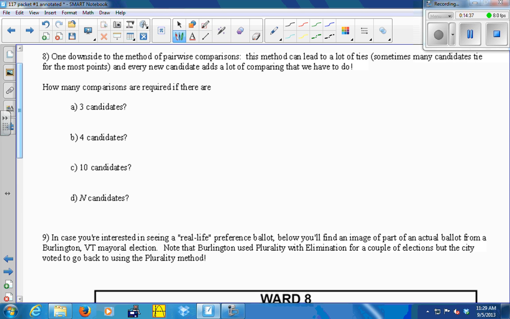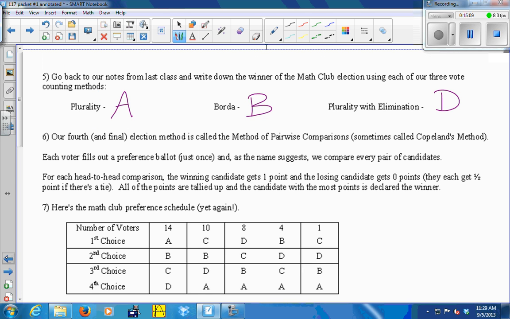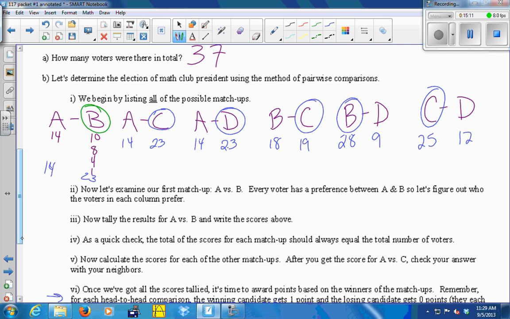So when there's only 3 candidates, let's call them A, B, and C, we have to match A against everybody, which is just against B and C. Then we have to do B's matchups, which would be against A and C, but we already have B against A, so B against C. And then C has already been taken care of because we already have C against A and C against B. So there's only 3 matchups with 3 candidates. With 4 candidates, which is what we just did, how many comparisons did we have to do? 6. 1, 2, 3, 4, 5, 6.